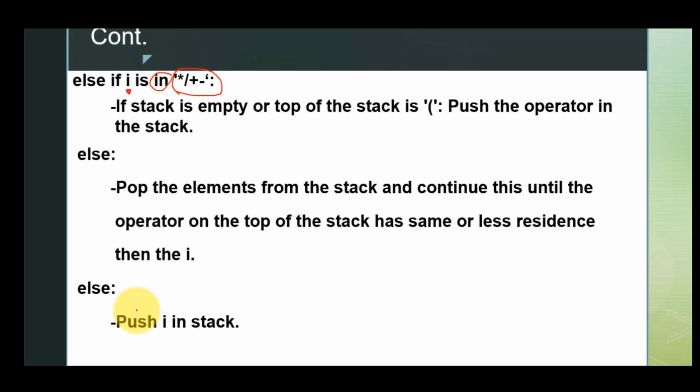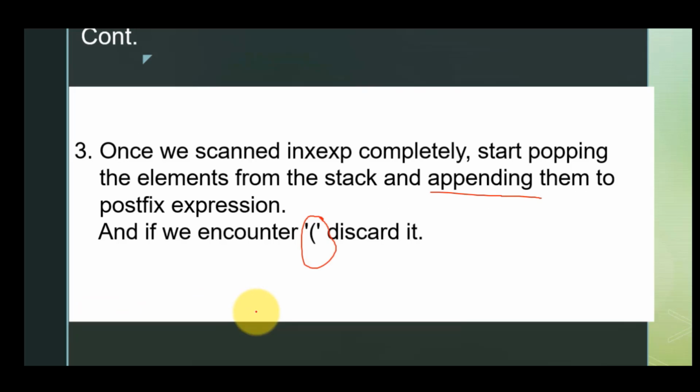Or else, we need to insert it into our stack. Once we scan the expression completely from left to right, we can start popping the elements in our stack and inserting them into our postfix expression until we encounter the parenthesis, which we can discard. So that's the rule.